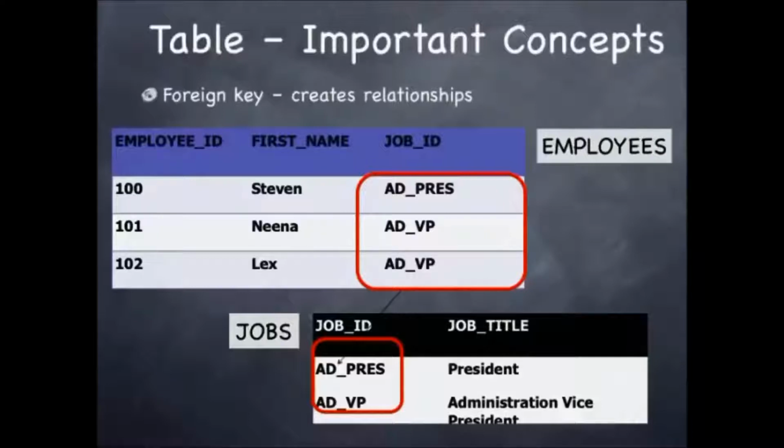There is a relationship being created by the data in these two columns. Now, if we say that an employee must hold a known job, then the values taken by the job ID column of the employees table must be found at all times in the job ID column of the jobs table. Here, the foreign key column is the job ID column in the employees table.